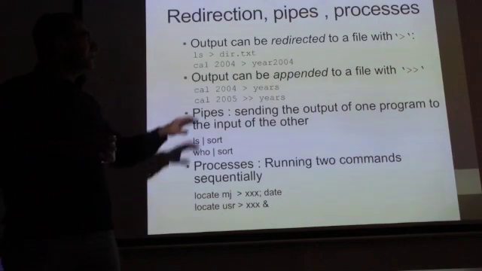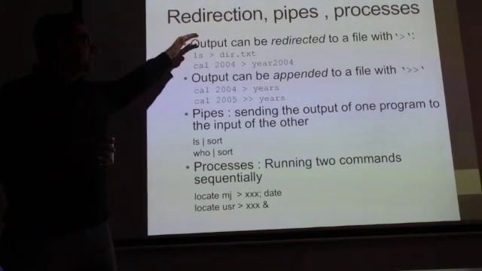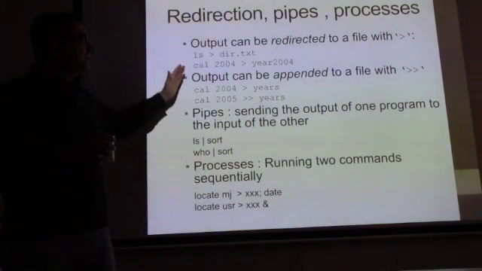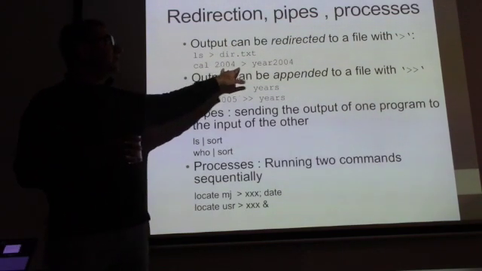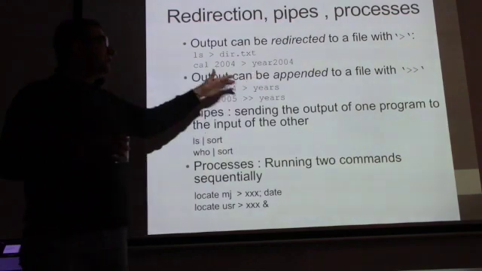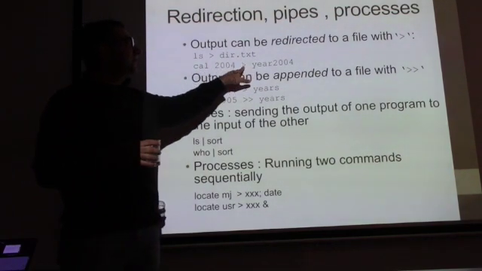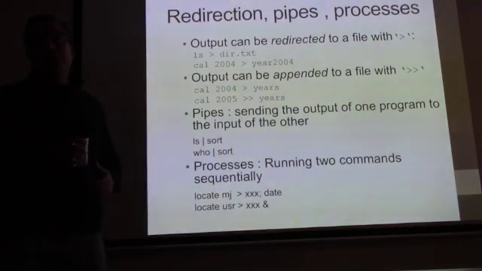So now when you type ls, it doesn't show you everything on your screen, it just transfers everything into this file. Same thing for calendar. If you want a file called year 2004, it'll transfer everything into this file called year 2004.